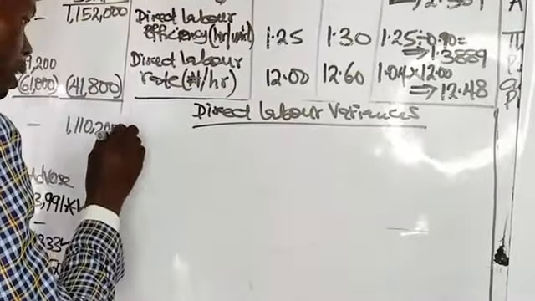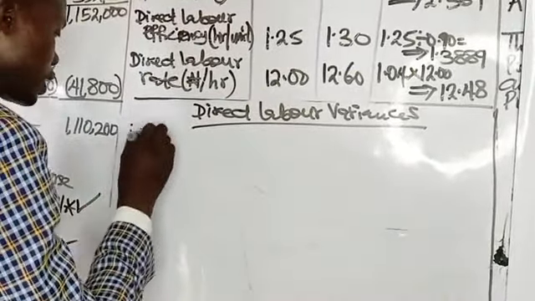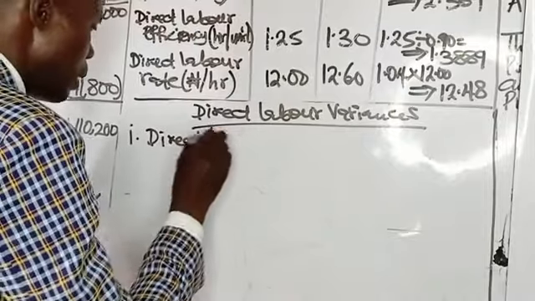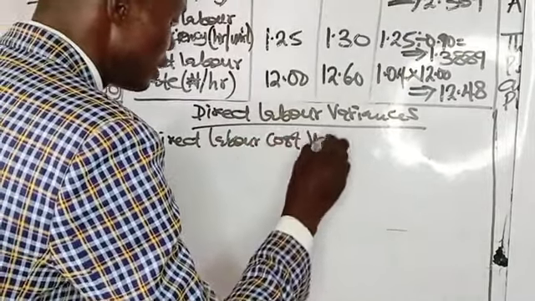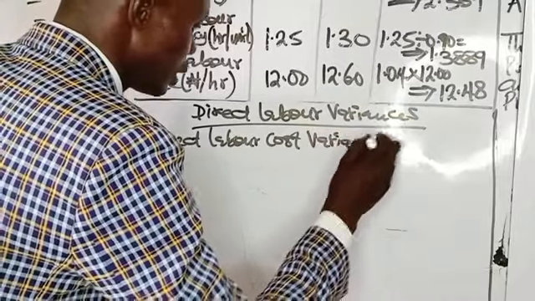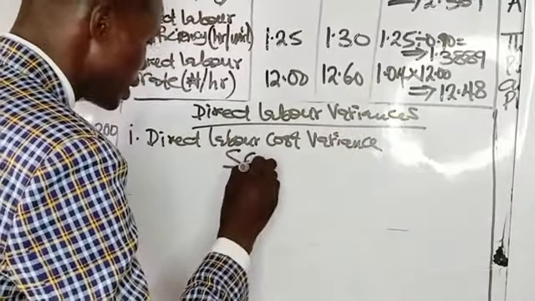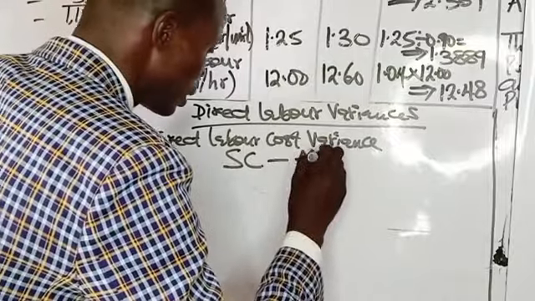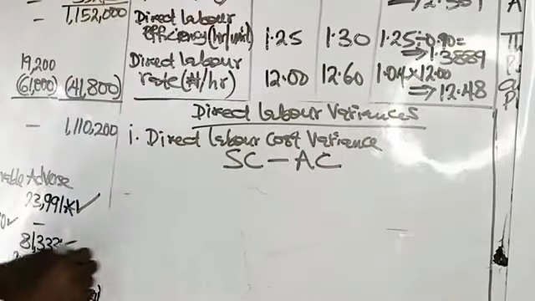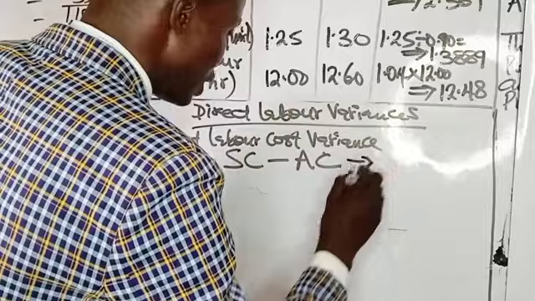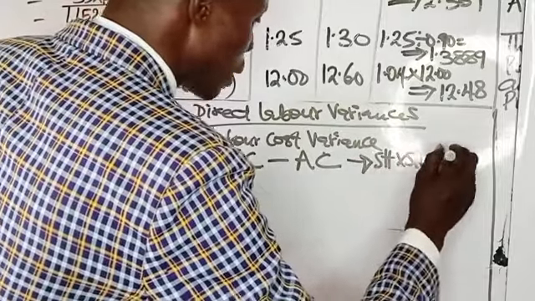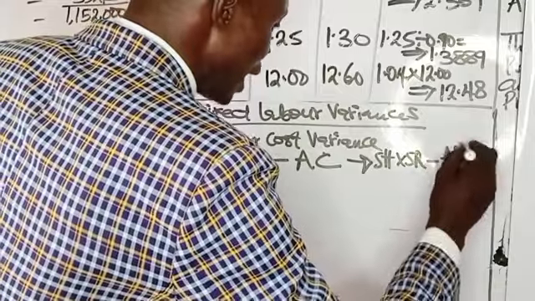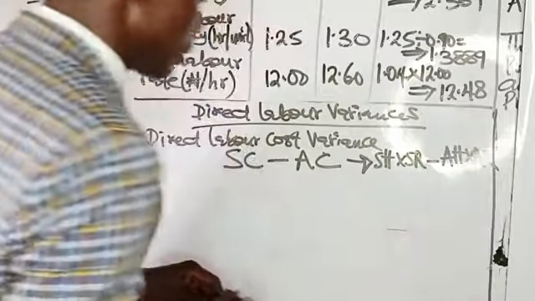Remember, direct labor, we have direct labor cost variance, which is standard cost minus actual cost. Remember, the standard cost is the same as standard hours times standard rate, while actual cost is the same as actual hours times actual rate.